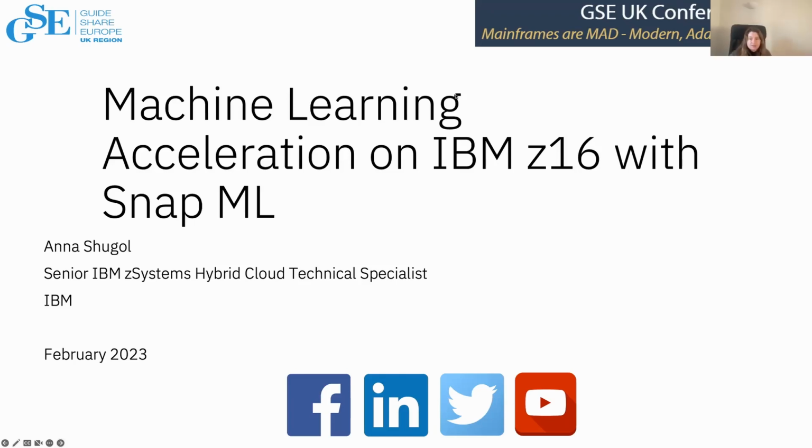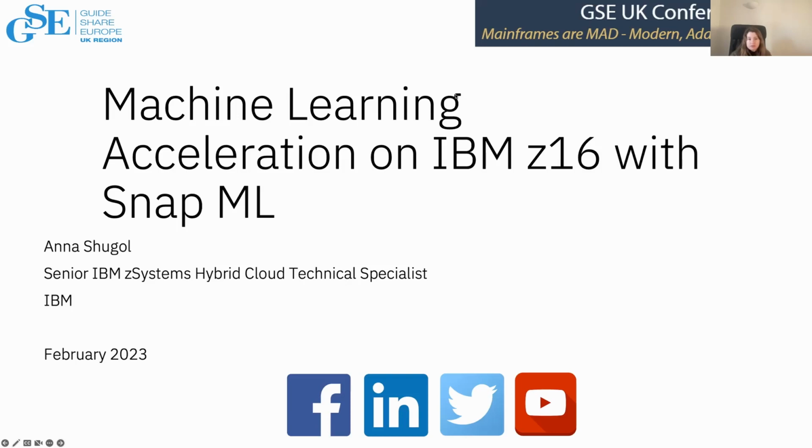Thanks, Jeff. Good morning, everyone. I'm Anna Chagall. I work for the worldwide team, helping clients all over the world with containerization and modernization of their platform. In this session, I'm going to take you through the machine learning library that is available on the IBM Z platform.